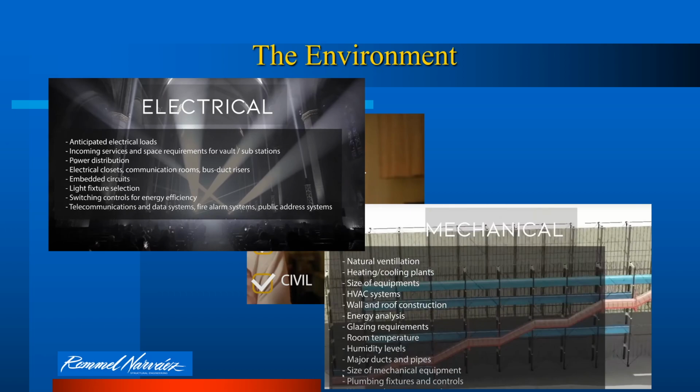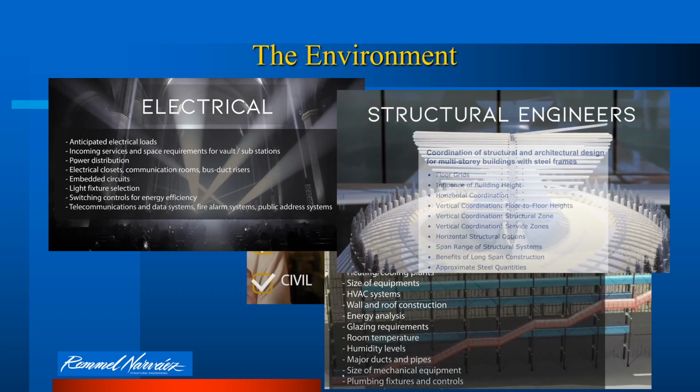For our staff, structural engineers, we need to make this coordination as structural engineers. For example, with architectural design for multi-story buildings with steel frames. In our case, I am going to deal with a two-story building, which is the school.